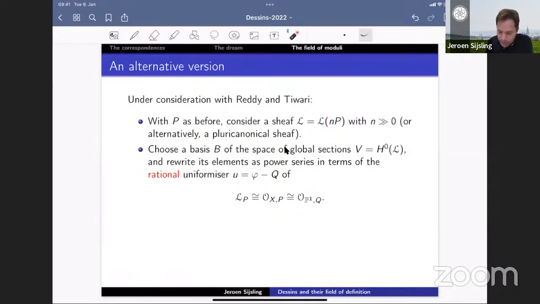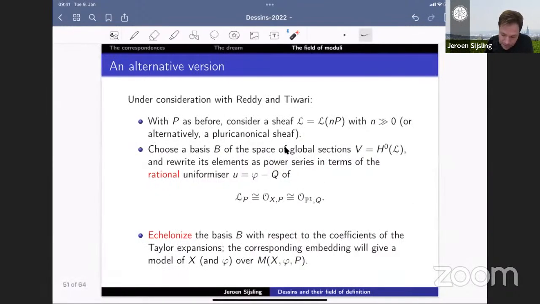Now you do the following: take a basis of global sections of this sheaf, this space V of global sections, and you rewrite its elements as power series in terms again of the rational uniformizer, which you can use because this is a locally free sheaf. You get an isomorphism here by construction, which depends on the scalar, but later it won't matter. And this follows from the fact that it's simply ramified.